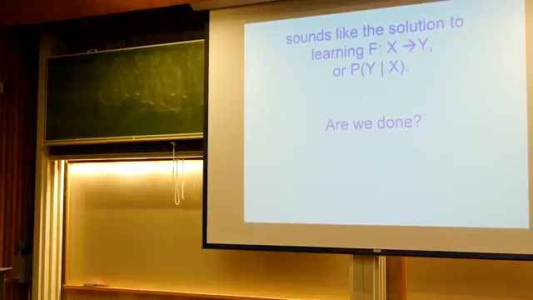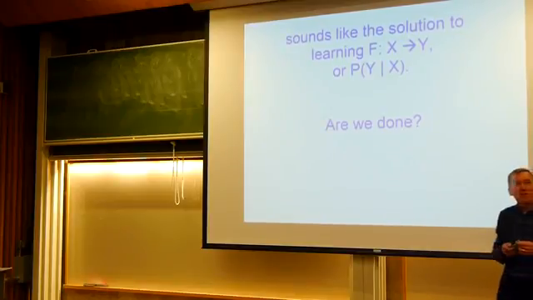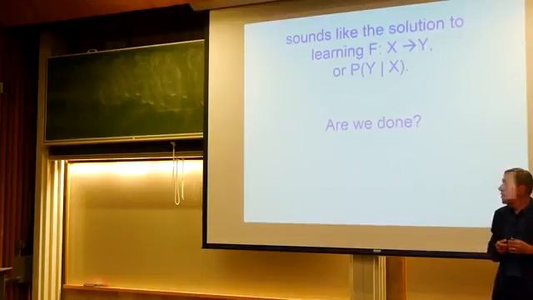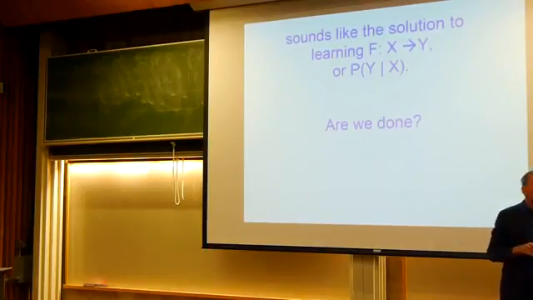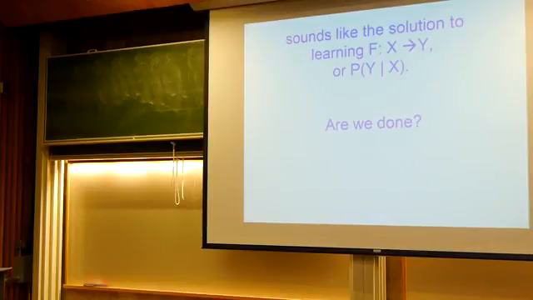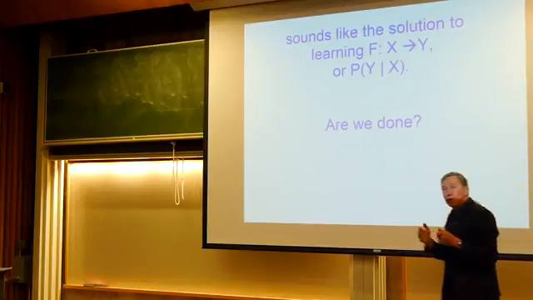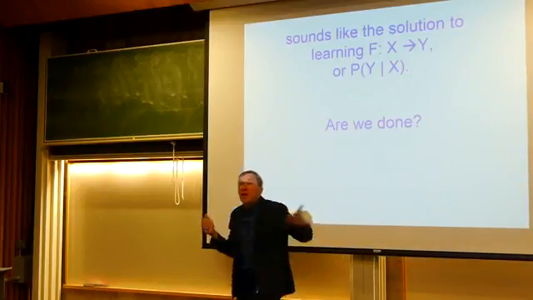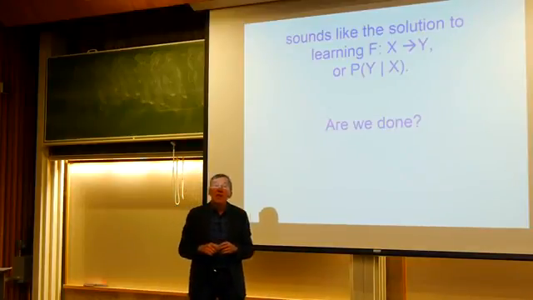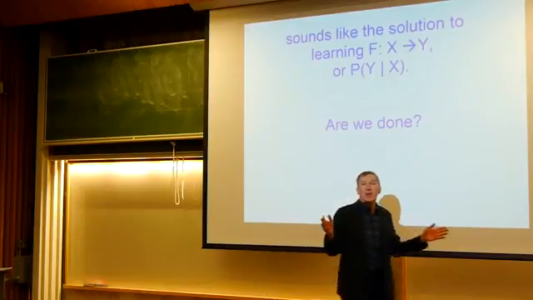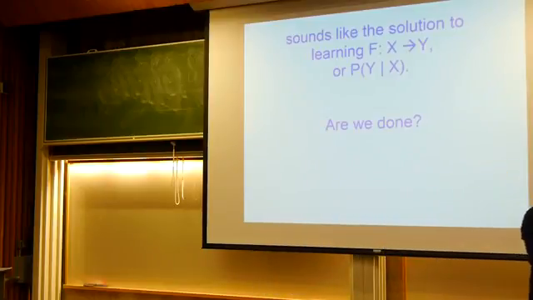If you know the joint distribution over those random variables, then there's no better way to learn the function from x to y, or the conditional distribution from gender and hours worked to wealth. There's no better way than to use that joint distribution. And so if we can do this routinely, then the machine learning course could be cut short.